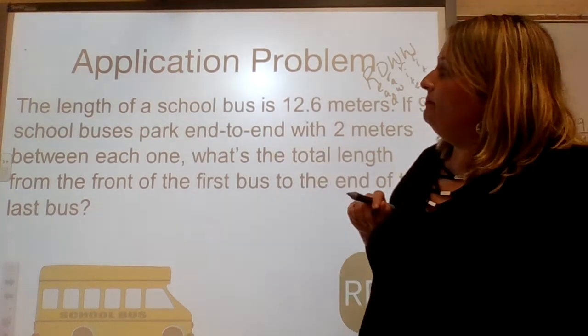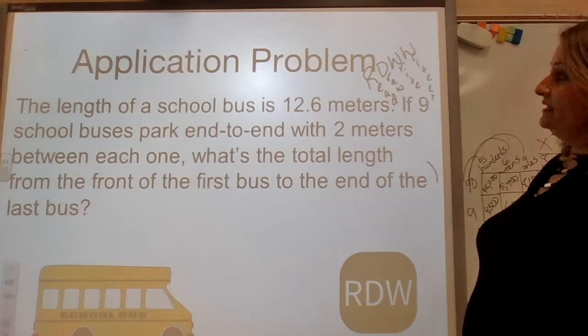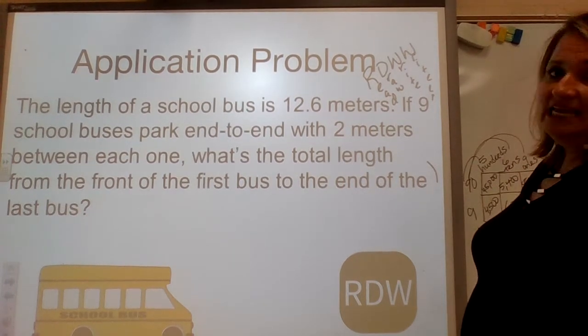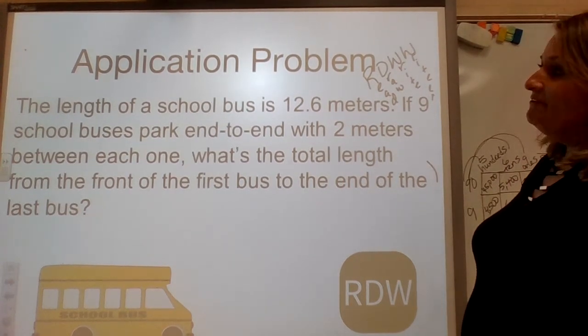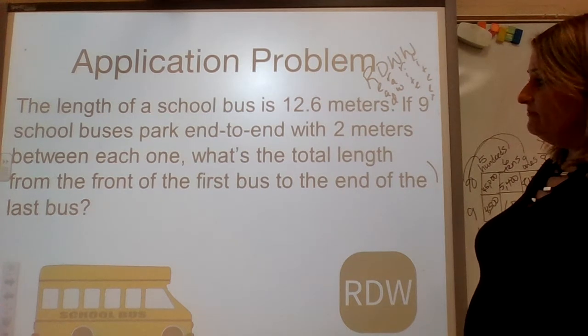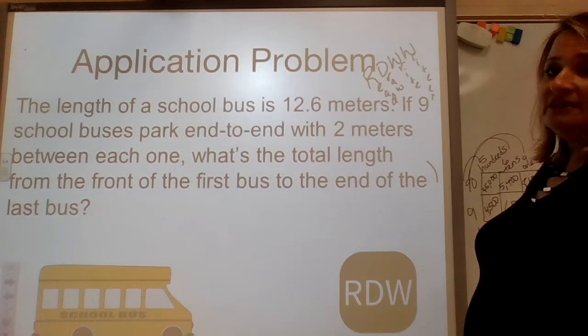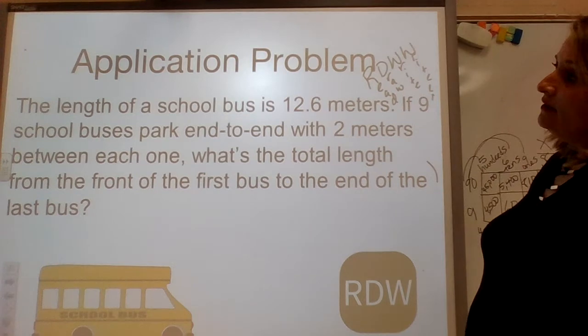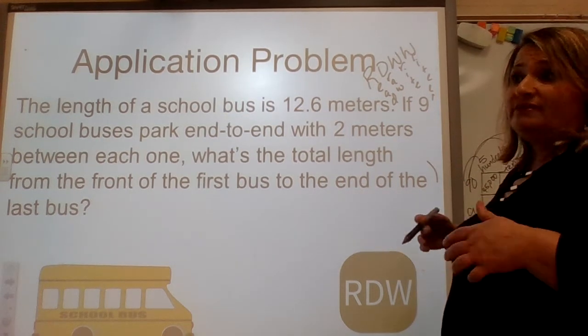Okay, let's read the problem. The length of a school bus is 12 6/10 meters. If 9 school buses park end to end with 2 meters between each one, what's the total length from the front of the first bus to the end of the last bus? Okay, this is a problem where we're going to really have to draw this out.